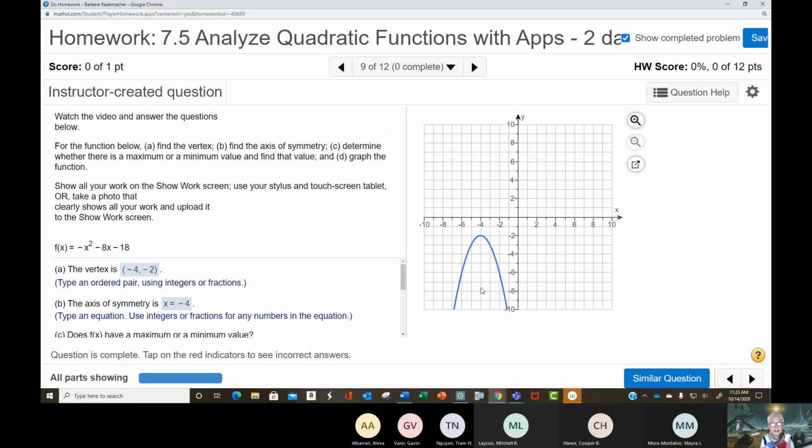There are no x-intercepts at all. That means the zeros of the function are not real numbers, because if they were real, they would touch the x-axis. So we are going to have fun with this one.